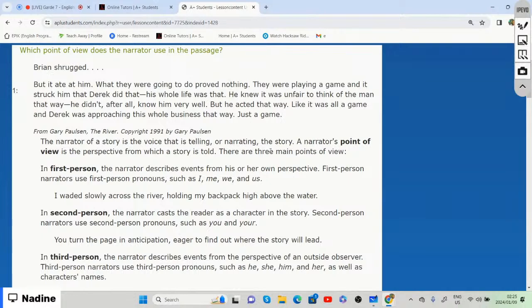They were playing a game, and it struck him that Derek did that. His whole life was that. He knew it was unfair to think of a man that way. He didn't, after all, know him very well, but he acted that way, like it was all a game, and Derek was approaching this whole business that way.